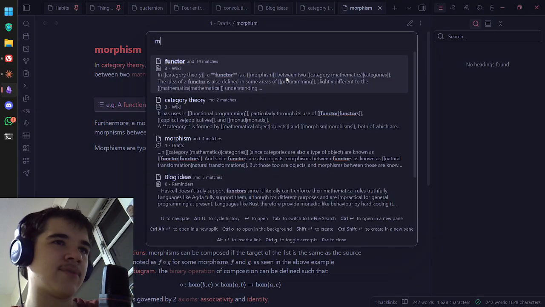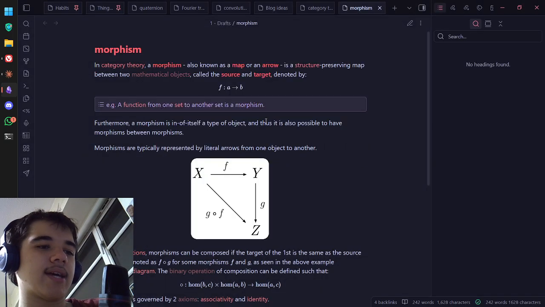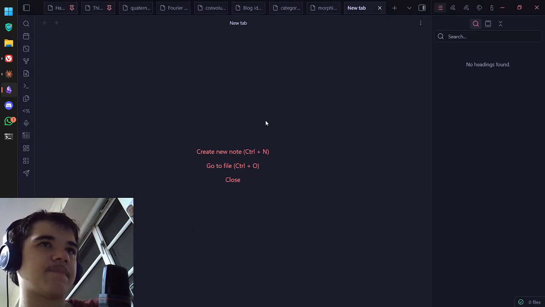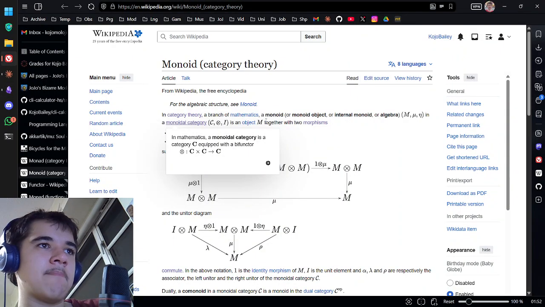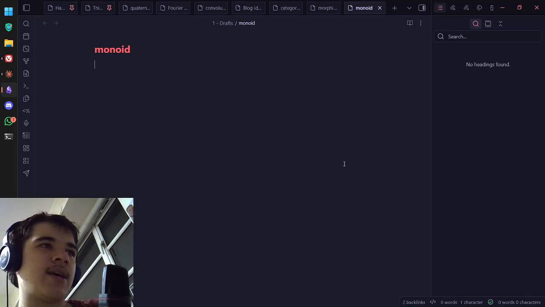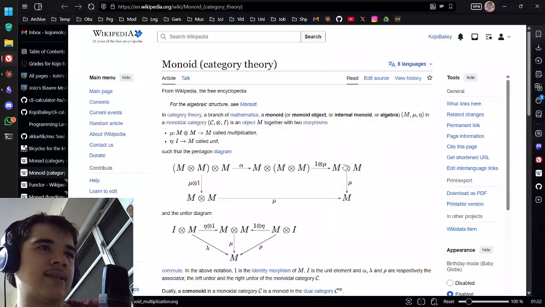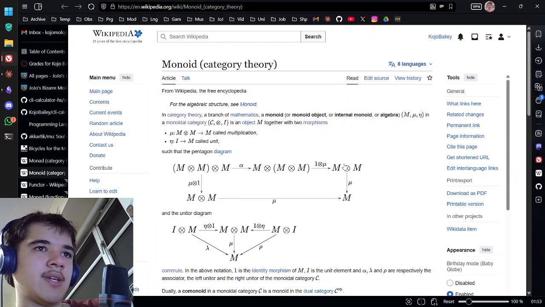Do I have a page for monoid yet? I do not. Shocking. So let's go ahead and make one. So a monoid is, well, I guess I can say this. Okay, a monoid is an object, right?